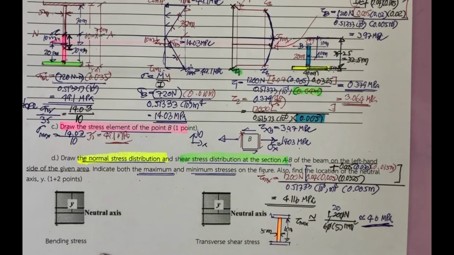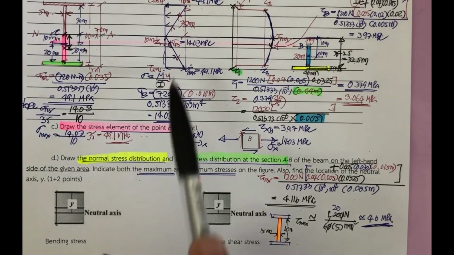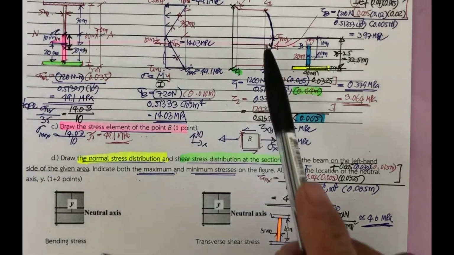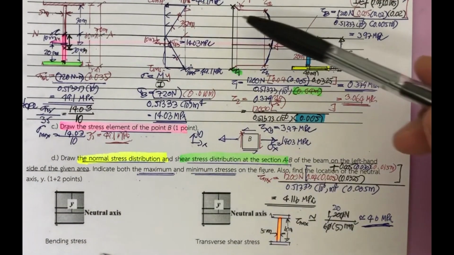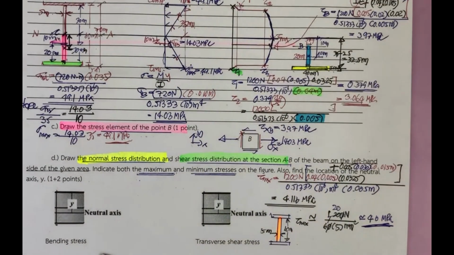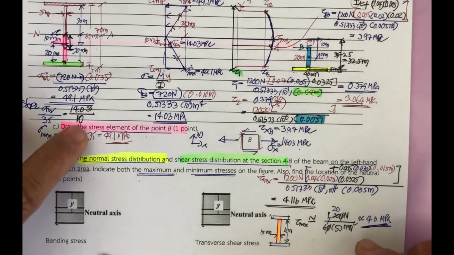That is everything that we would like to have: the normal stress distribution, the shear stress distribution, the maximum, the minimum, and some stresses at important points. Okay, and I also ask you again to draw the stress element.